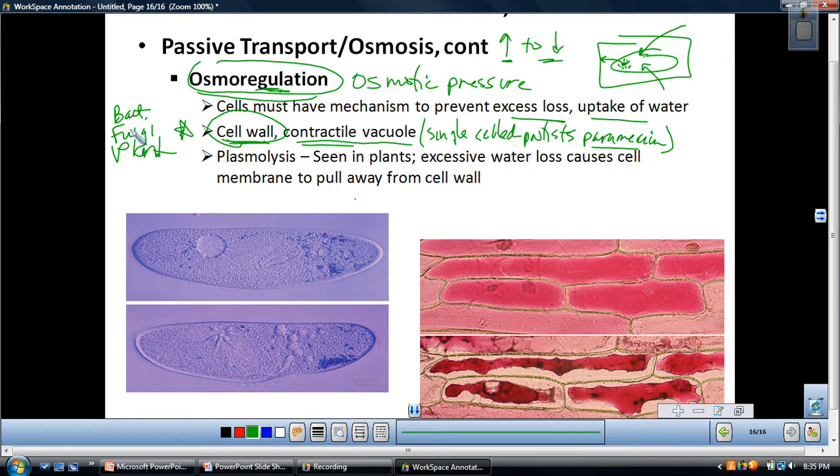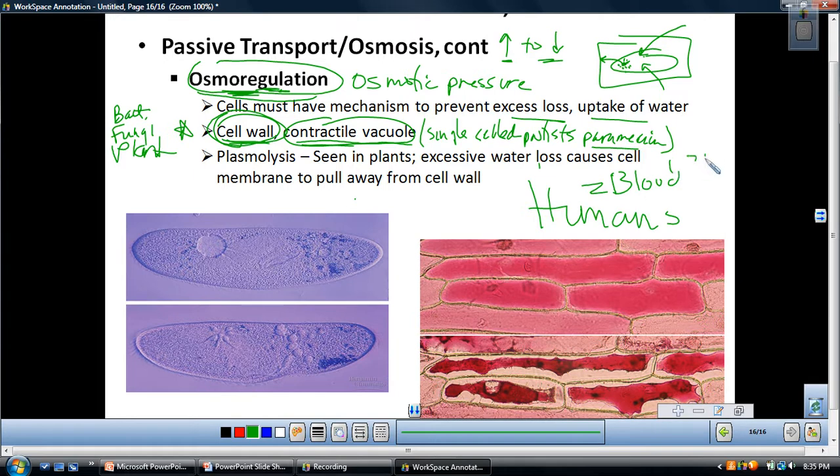So if it's a plant, fungi, or bacteria, the cell wall counteracts osmotic pressure. If it's a single-celled protist, the contractile vacuole helps counteract osmotic pressure. If it's us, I'll just put humans down here. Humans also have a way to counteract osmotic pressure, and it's because our cells are bathed in blood, and blood is not 100% water.